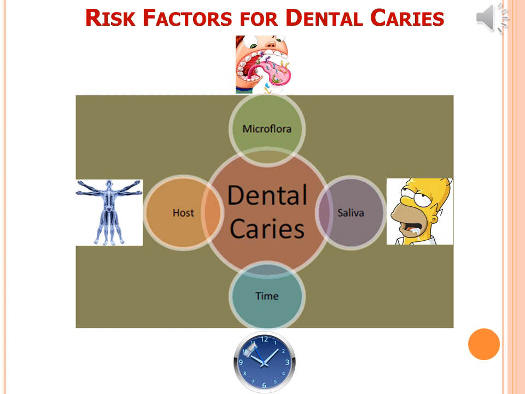These are bacteria that absorb sugars and release organic acids. These include Streptococcus mutans. Previously it was thought to be one microorganism, but now this is a group of microorganisms. The main etiopathogenic factor is plaque, because it contains many microorganisms.